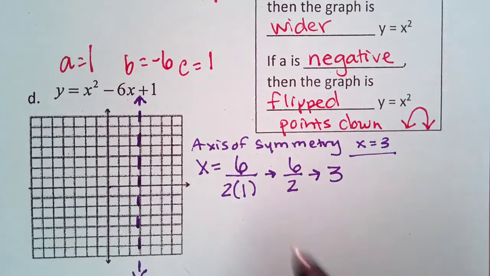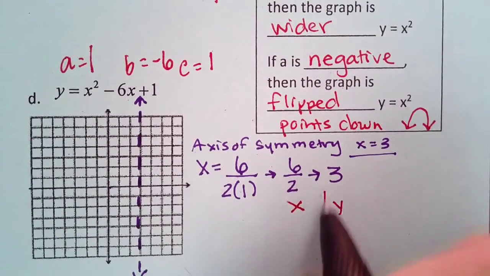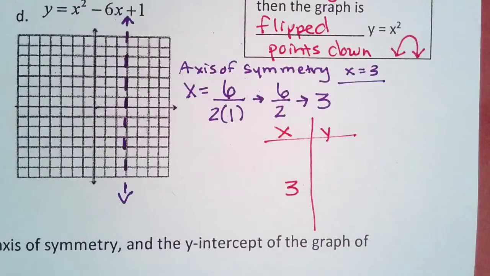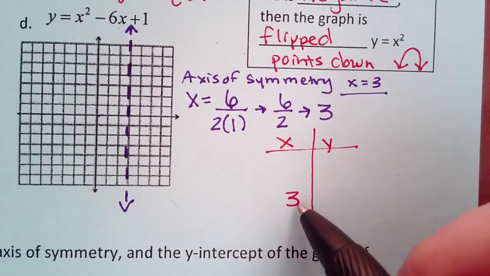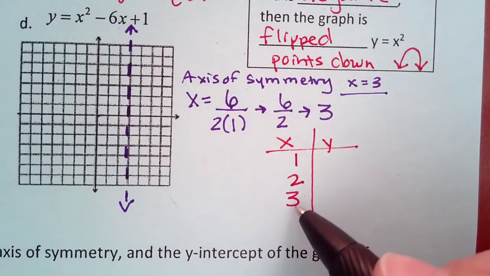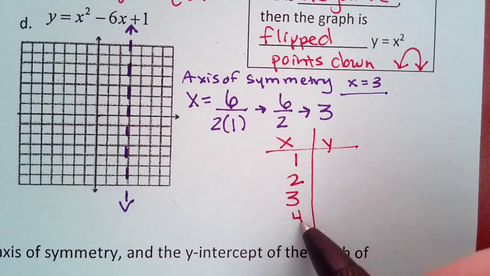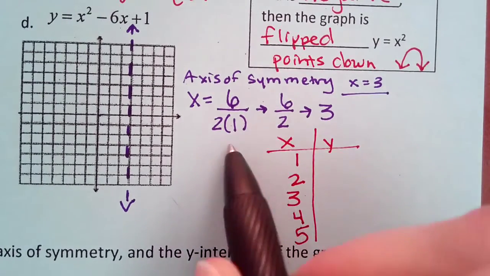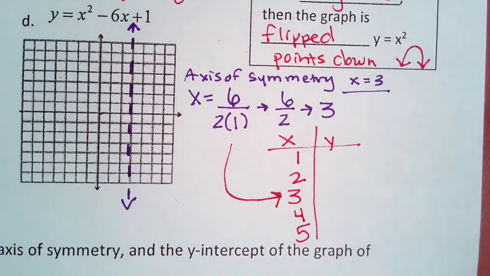That tells me when I create my XY table, 3 will be in the middle for x because that's the turnaround point. I want to find points on either side. So what is one number lower than 3? 2. A number lower than that? 1. A number higher than 3? 4. A number higher than that? 5. So the axis of symmetry just helped me determine what numbers to put on my table.